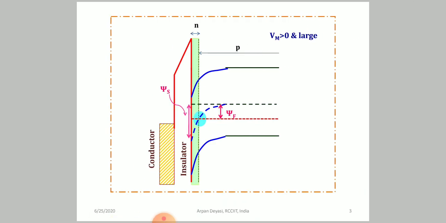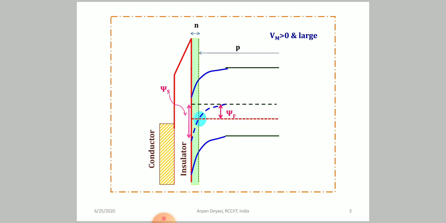And this is the inversion band diagram. I have put it here to clarify what inversion is: the intrinsic Fermi level bends and goes below the extrinsic Fermi level, and the extrinsic Fermi level becomes very close to the conduction band, which means the p-type substrate becomes n-type, at least in some part.